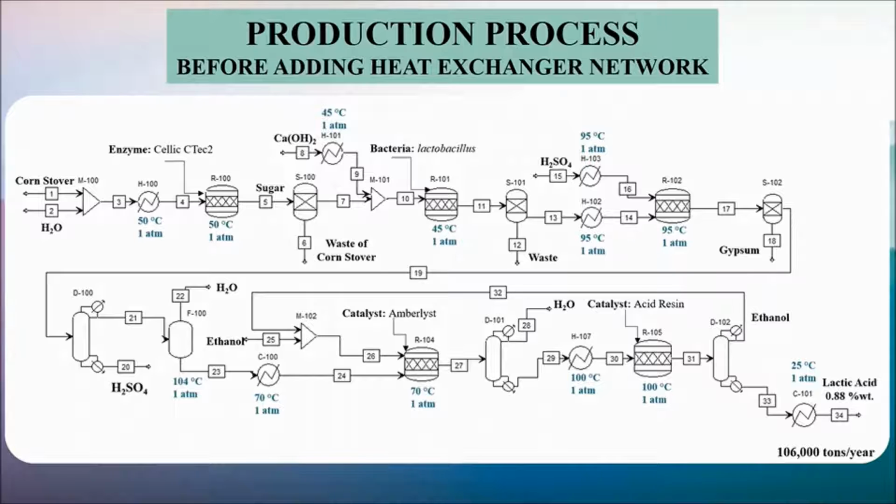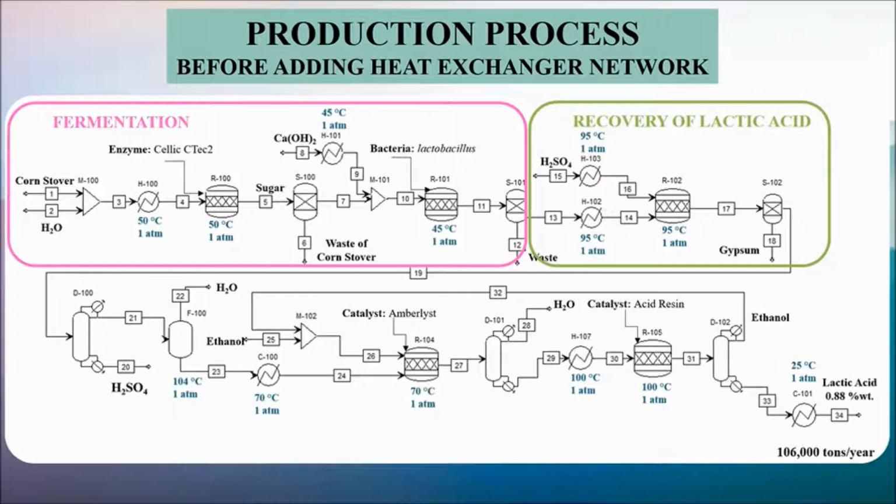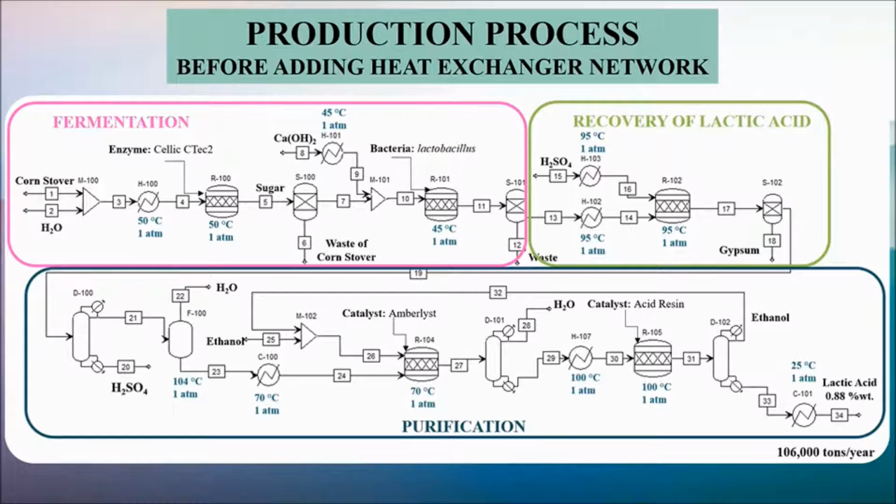In this section, I will describe the lactic acid production process before adding the heat exchanger network. It is divided into three main sections: fermentation, recovery of lactic acid, and purification. First, corn stover is initially crushed in a pretreatment process using a ball mill and fed in stream 1. The feed stream 2 is water.